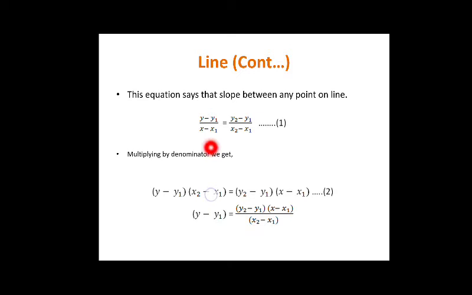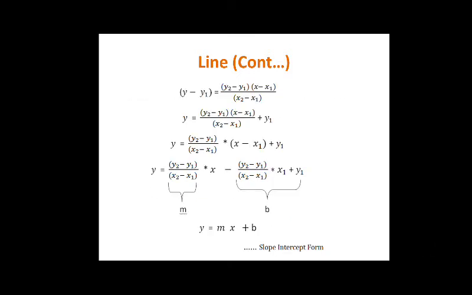Now I have to solve this equation for y. What will be my next step? I will take this y1 to the other side, because my equation should be y is equal to something.